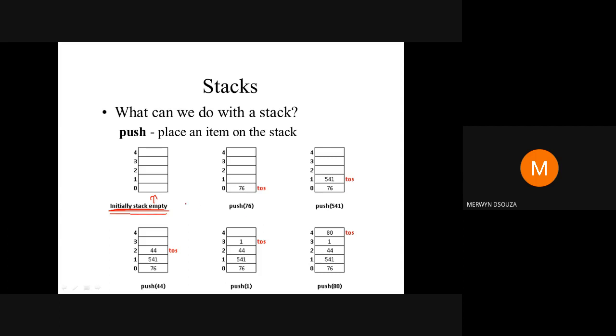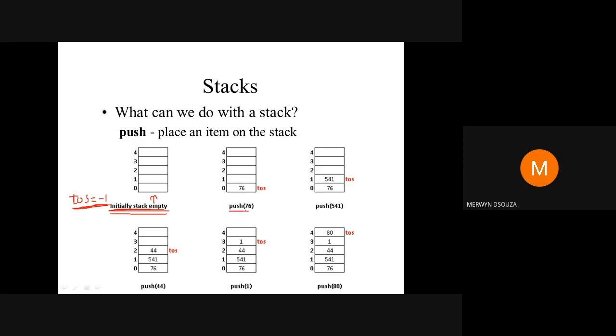One by one I'll show you how to insert elements into the stack. There will be a variable known as the top of the stack. You can give it any name; I'll call it TOS. Initially the value of TOS will be equal to -1. When the stack is empty, the value of the top of the stack is -1.